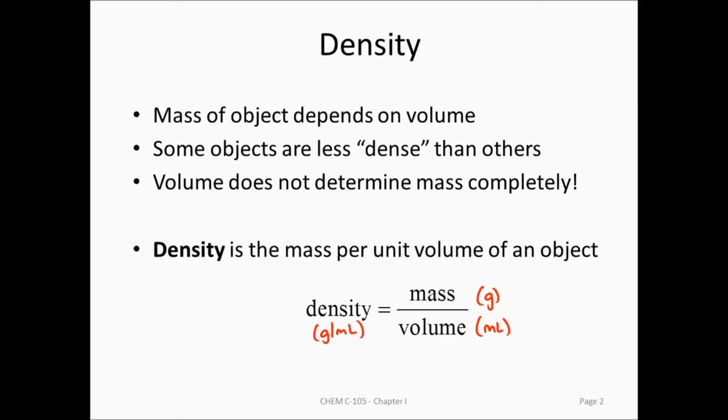Equivalently, it turns out that 1 cubic centimeter is equal to 1 milliliter, and so grams per cubic centimeter would also be the same unit as grams per milliliter. Okay, this works well for liquids and solids.